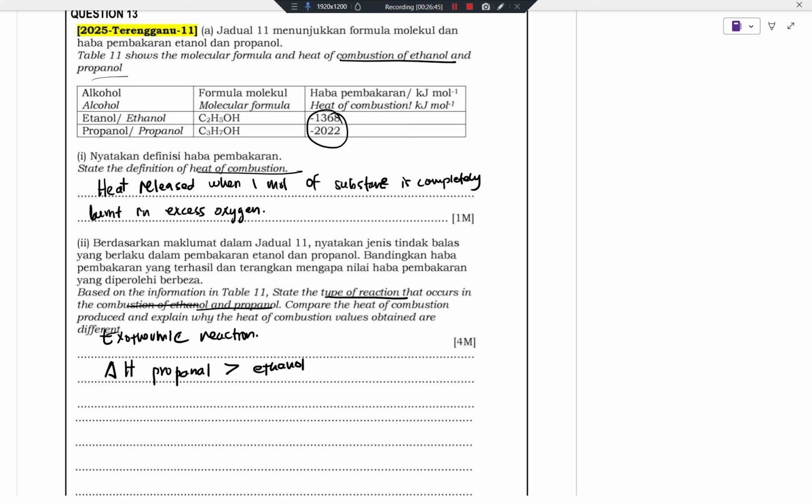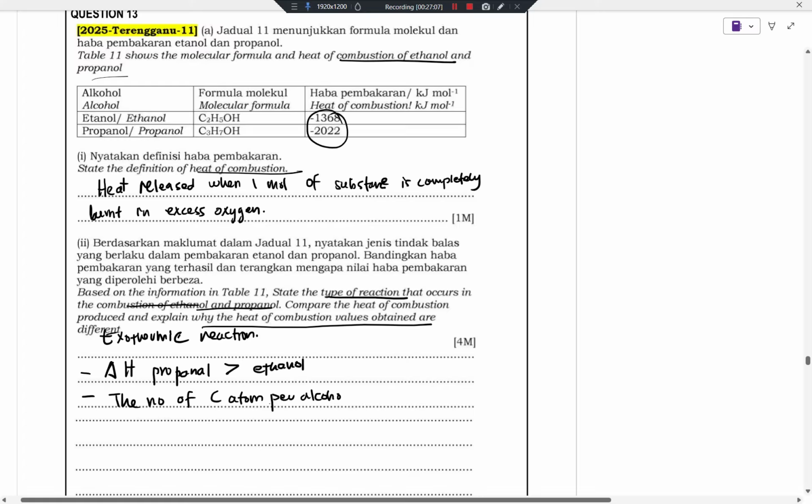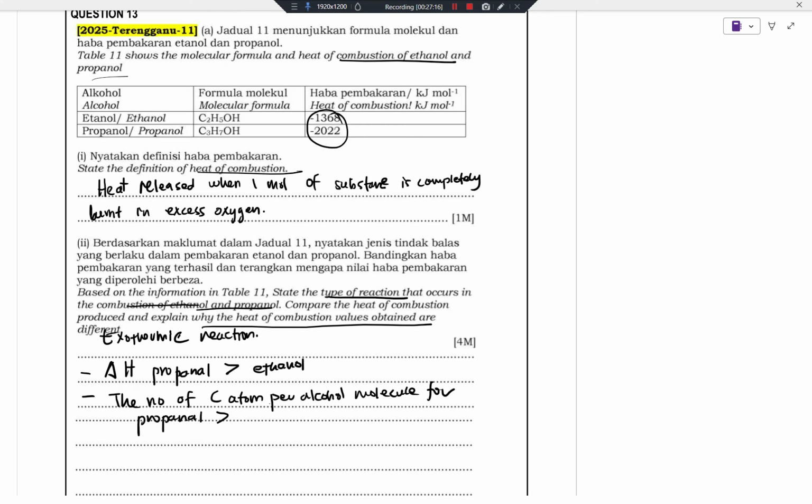Okay, and then explain why the heat of combustion are different. ஏன்னா ப்ரோப்பனாலோட number of carbon atom per alcohol molecule சொல்றது இன்னும் பெட்டர்ல. Okay, reason: the number of carbon atom per alcohol molecule for propanol is greater than ethanol.